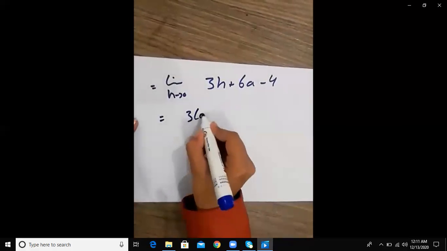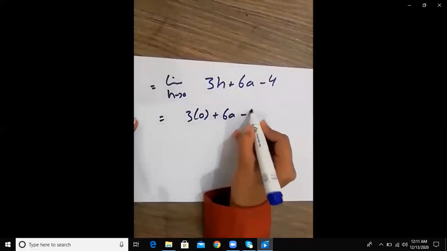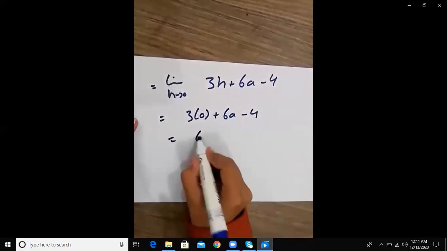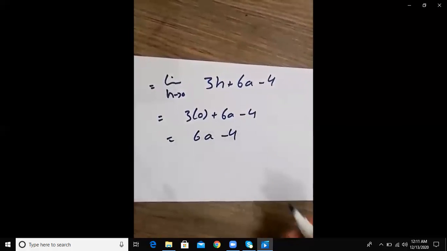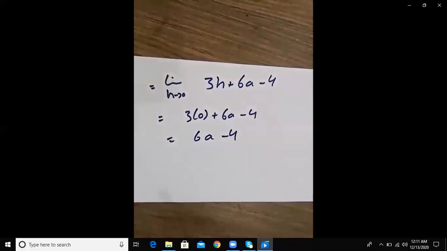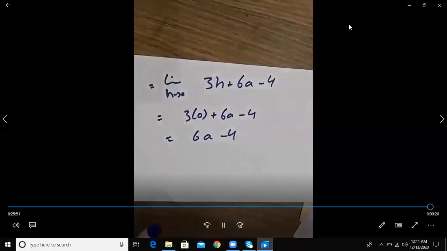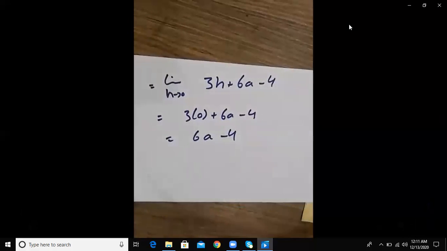It will become 3 into 0 plus 6a minus 4, and this is 6a minus 4. This is the derivative of the given function at the point A.